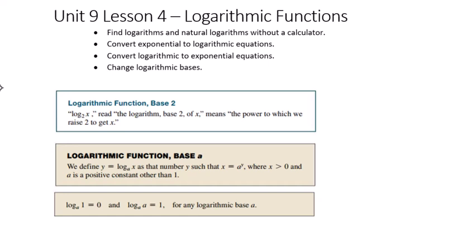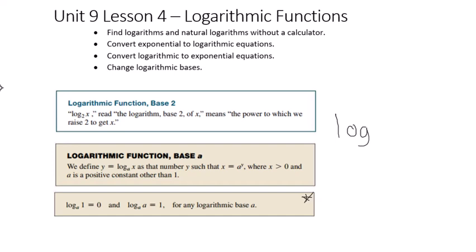All right, so to understand logs, this one right here is very important. When you have log base a of 1, that equals 0, and log base a of a equals 1.